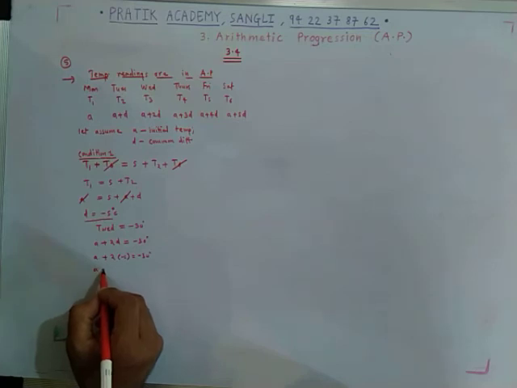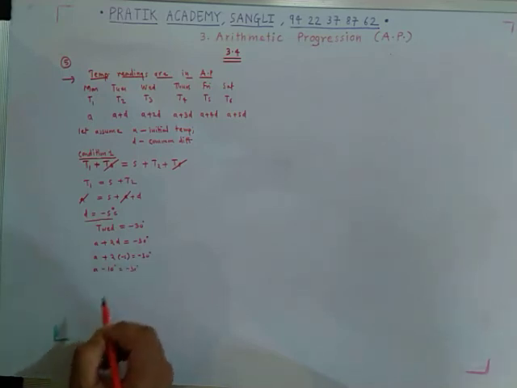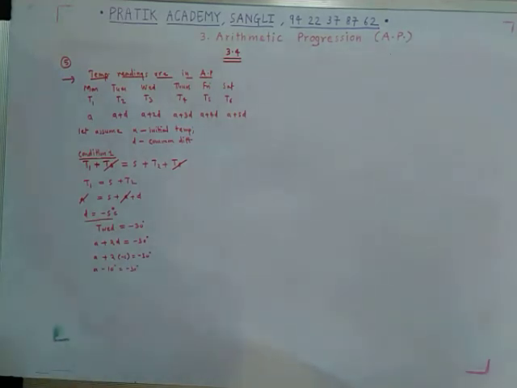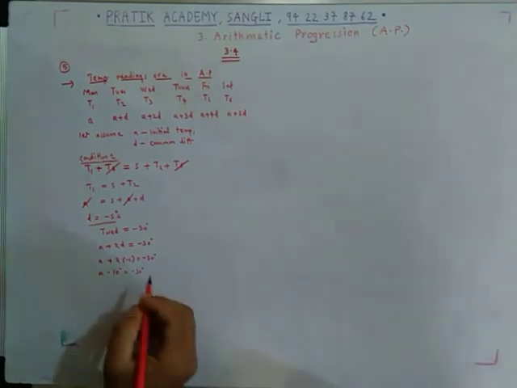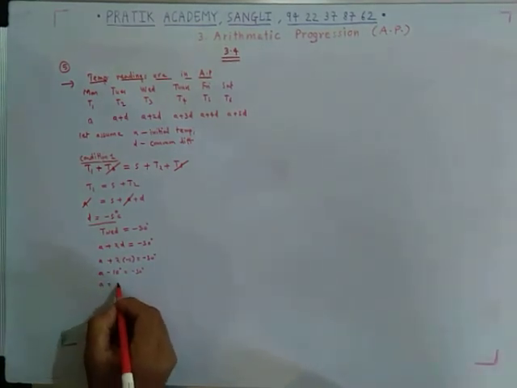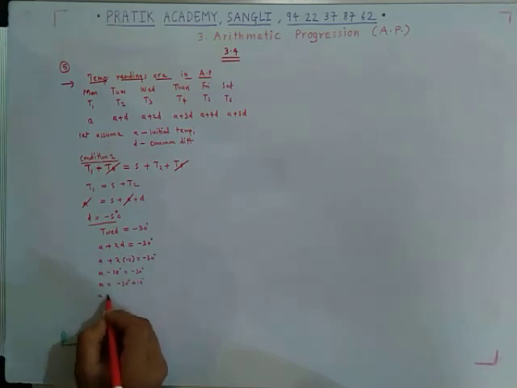So a is minus 30 plus 10, so a is minus 20 degrees Celsius.